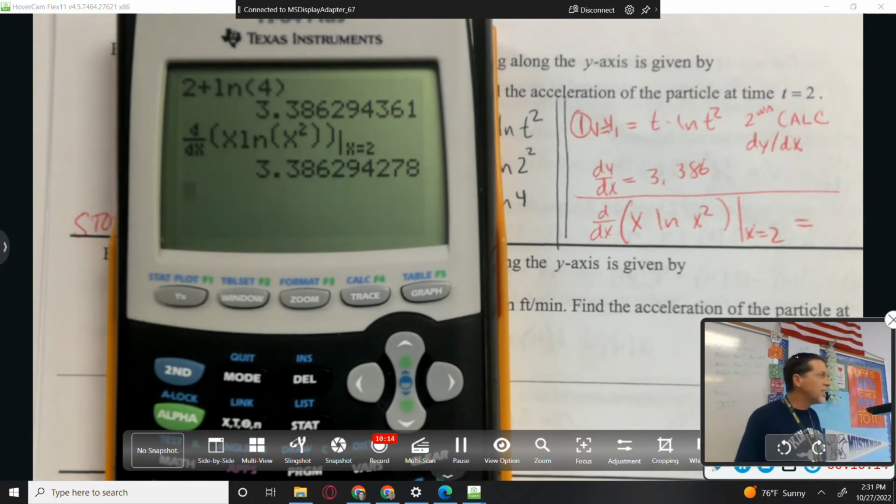And then, so yes, all these times you've evaluated derivatives, the calculator can do that. You probably knew that, but now the cat's out of the bag. Now I know.